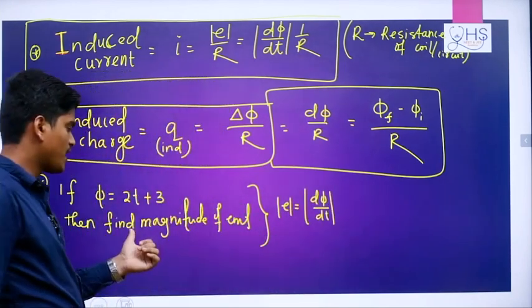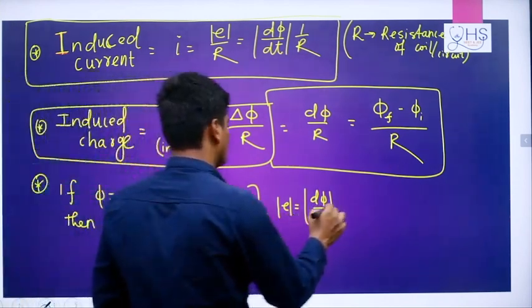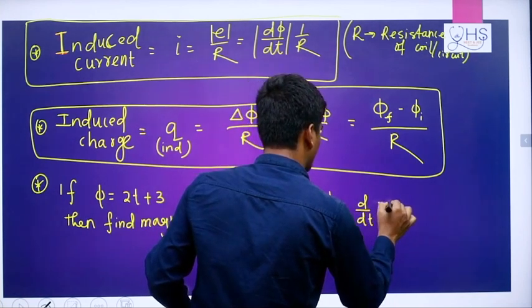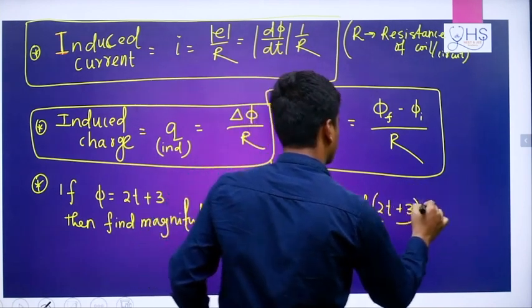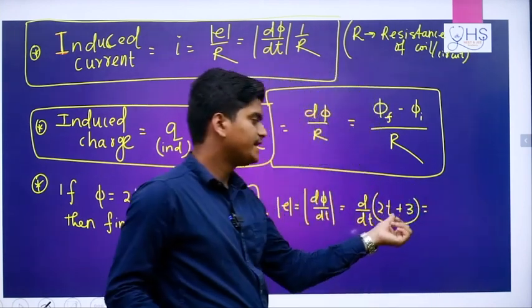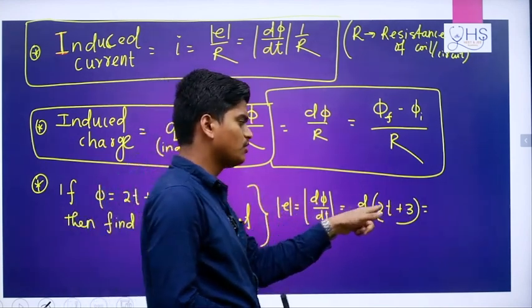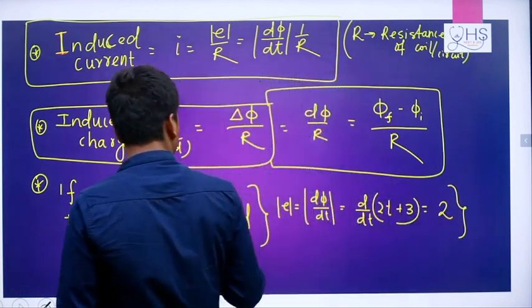If magnitude is not asked, only EMF is asked, then you also consider the minus sign. So it is d by dt of 2t plus 3. The derivative of t is 1 and the derivative of 3 is 0, because the derivative of a constant is 0, so the answer will be 2. Like this you can understand.